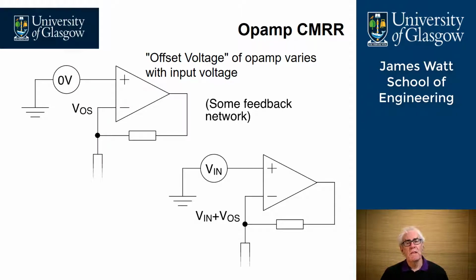If we then change the input voltage from 0 volts to an input voltage Vin, we would then have appearing at the inverting input of the amplifier Vin plus the offset. But that's not the whole story. In actual fact, what we really see at the inverting input of the amplifier is Vin plus VOS, the offset voltage, plus the input voltage divided by the common mode rejection ratio of the op-amp itself.